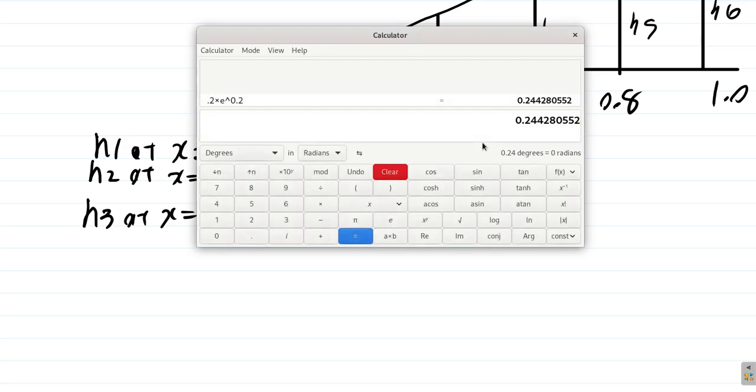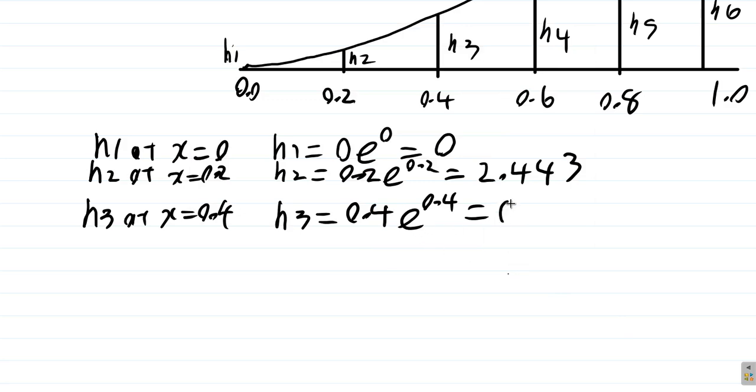Just get our calculator. 0.4 multiplied by e to the power of 0.4 equal. We have 0.5967. All right. So 0.5967.